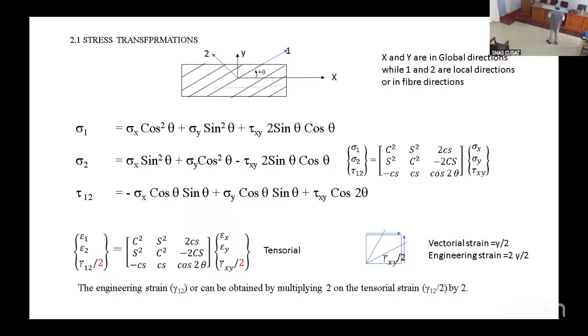Now we have the stress: sigma 1 is equal to sigma x into cos squared theta plus sigma y into sin squared theta plus tau xy into 2 sin theta cos theta. If we do not know this relationship, we draw Mohr's circle. Similarly, you just replace 1 and 2 into these things, and finally you will get a matrix.